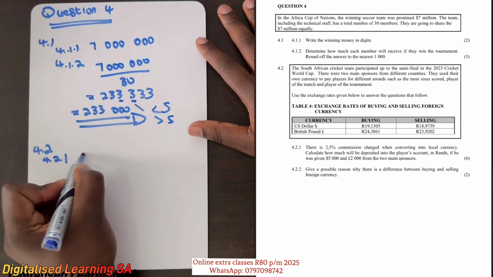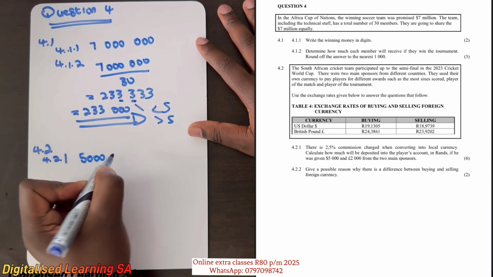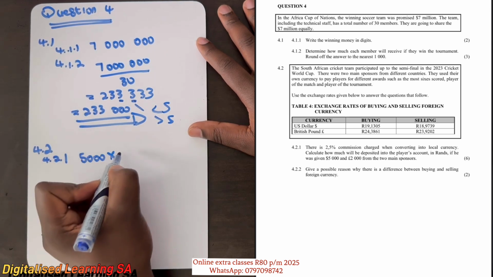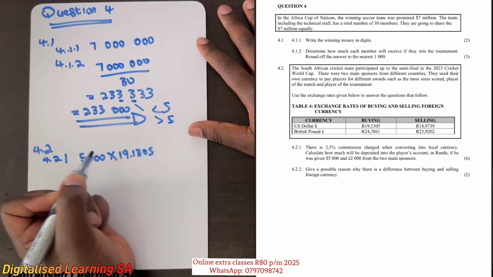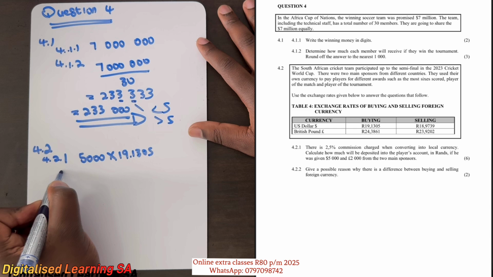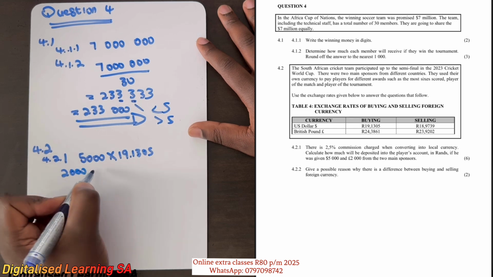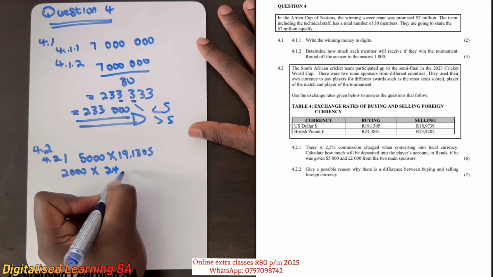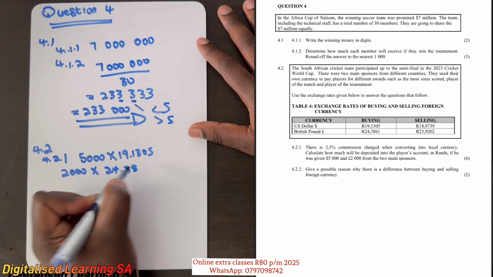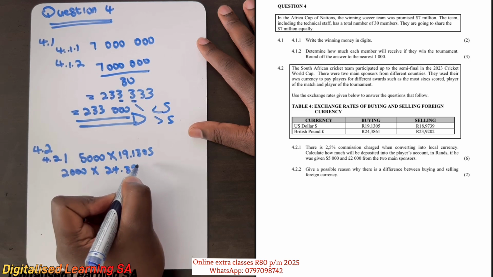So let's first convert the 5,000. It will be 5,000 multiplied by 19.1305. And then now let's convert the 2,000. So it will be £2,000 multiplied by 24.3861.